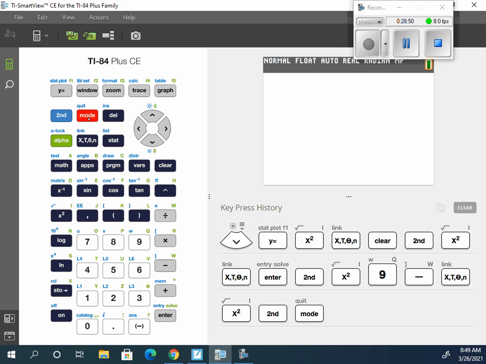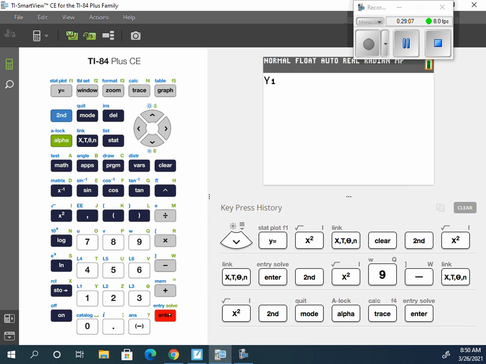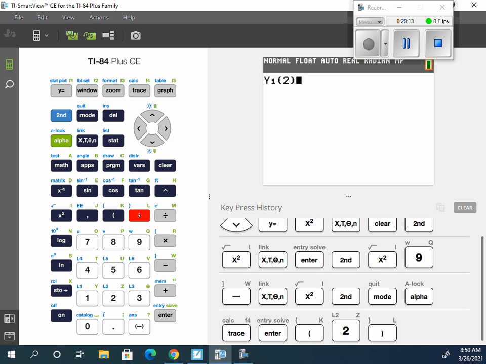Now what's interesting about these calculators, if we go alpha trace, alpha F4, it should give us this little menu here, yes? So we have y1, y2, all the way down to y0. But I'm going to hit enter. y1, parentheses 2, close parentheses, because we're wanting to evaluate this when x is 2.